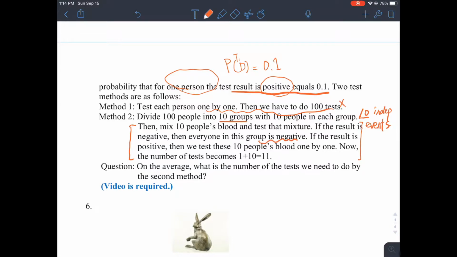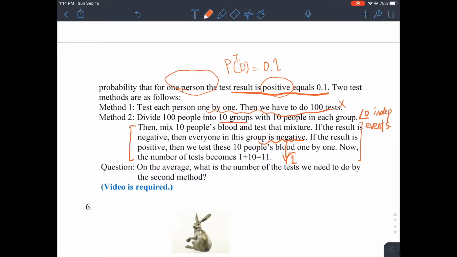If it's negative, we only do one test for this event. And the second case is that if the result is positive, then we will do 11 tests.